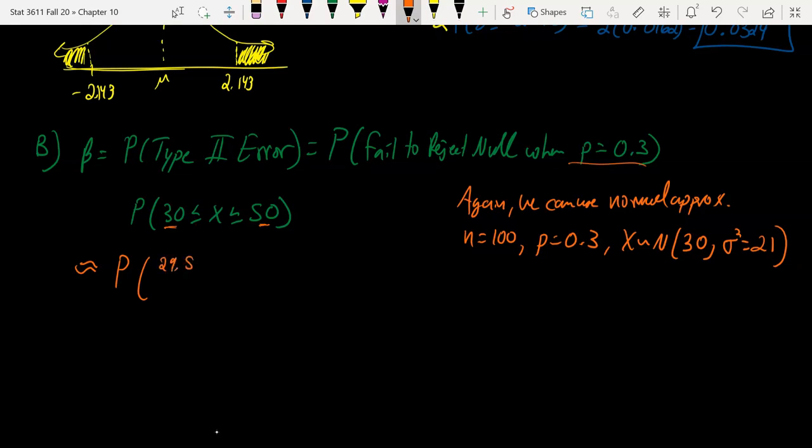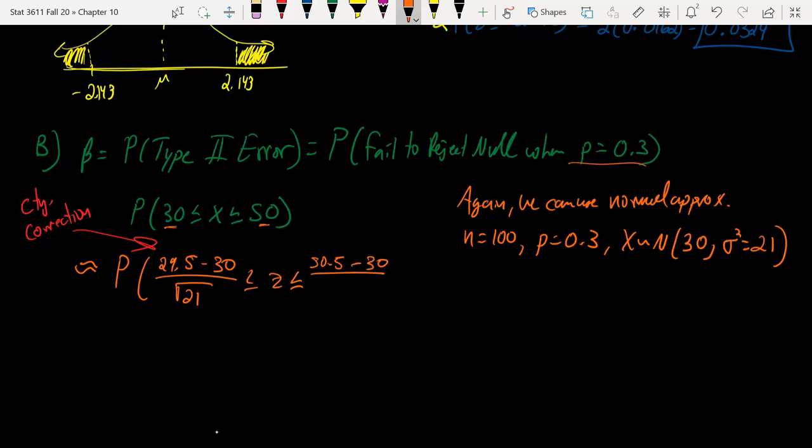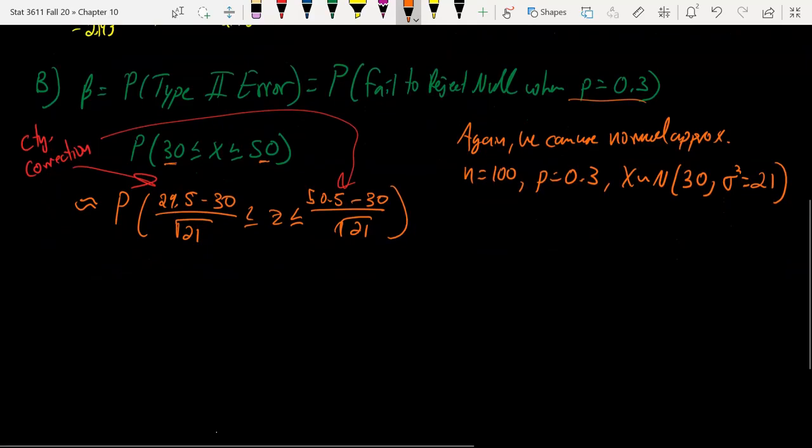So that would be 29.5 with the continuity correction, and subtract the mean, which is 30 here, divided by the standard deviation, square root of 21. And the continuity correction on the upper side would be plus 0.5, so 50.5 minus 30 over the square root of 21, right? Continuity correction there and there. So, just got to run those numbers through here.